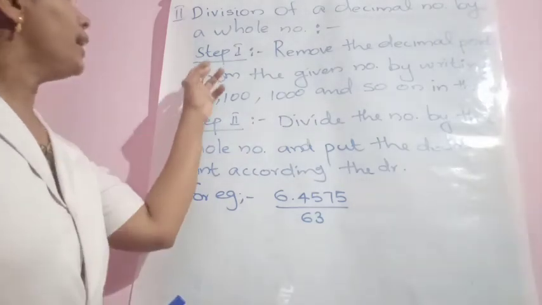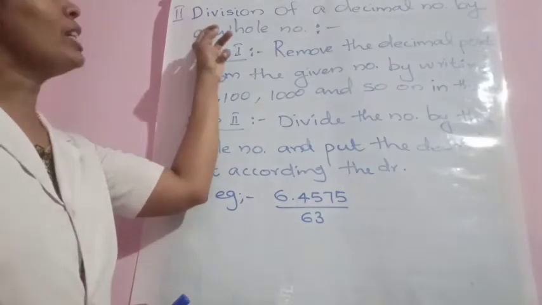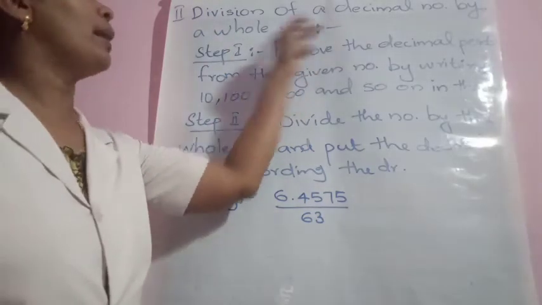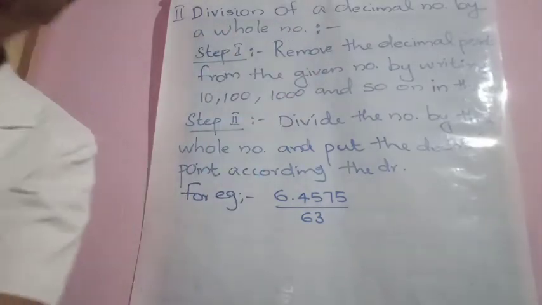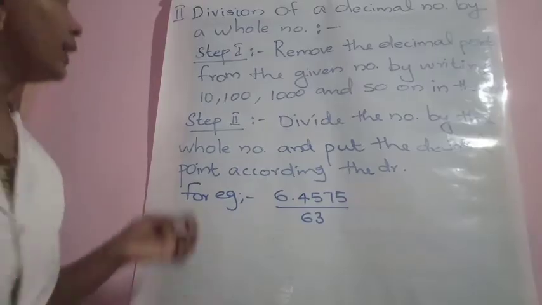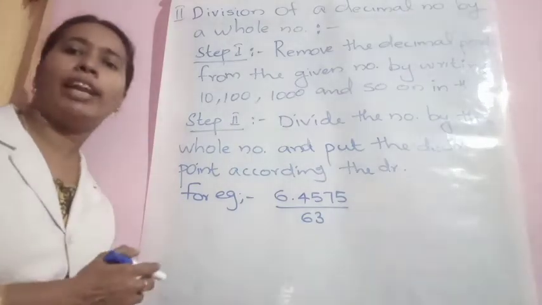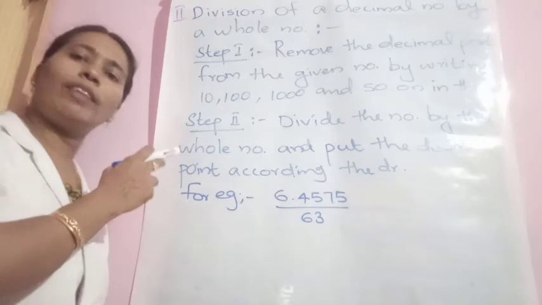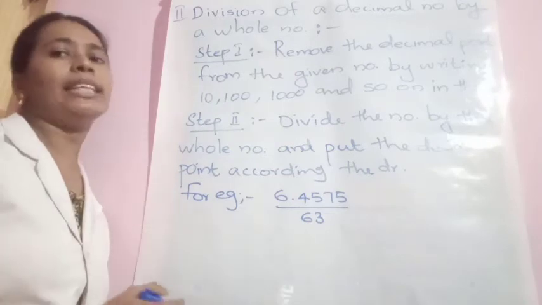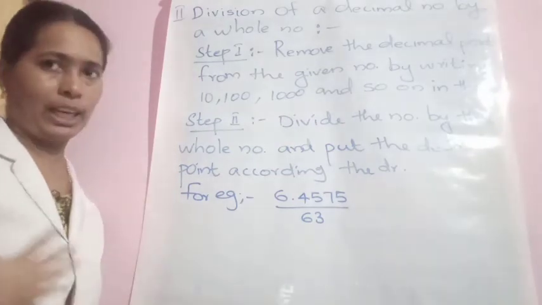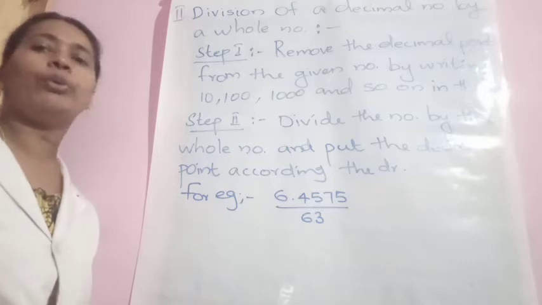Next, let us move to division of a decimal number by a whole number. In your textbook they have given a method to us. First teacher will explain this method, then teacher will give you a direct method also. Whichever is easy for you, you can follow the same.